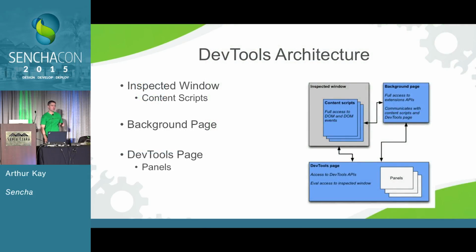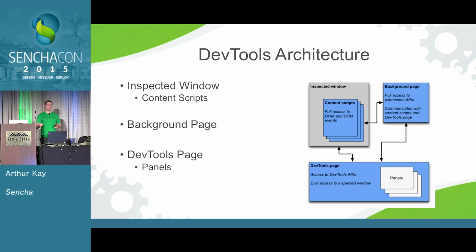So if you look at the architecture of how a Chrome developer tools extension looks, and I apologize, this isn't big enough for some of you in the back, but it essentially is three parts. There's the inspected window, which is physically your application. It has nothing really to do with developer tools except that you're inspecting it.